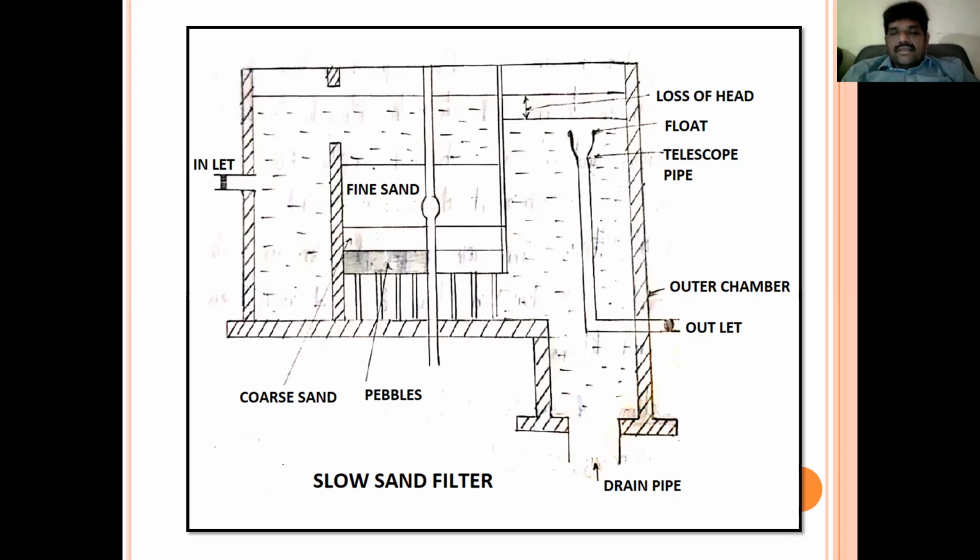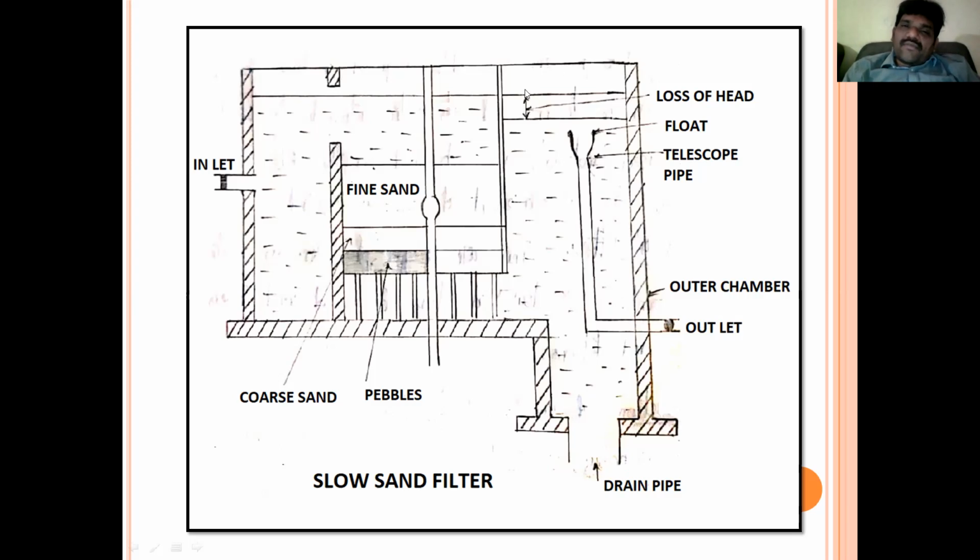Understand? As the water filters through these beds, the filtered water enters the outlet chamber. Here is a float with a telescoping pipe. Through this float, water enters the outlet tube and is supplied for the requirements.